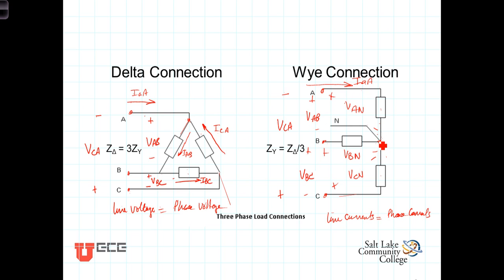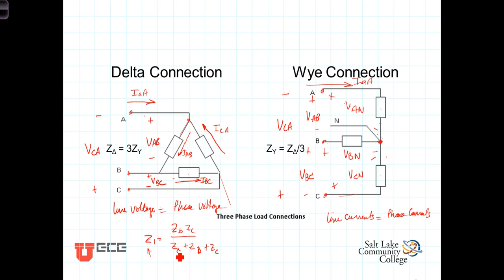You'll recall from a long time ago when we were looking at delta and Y conversions, we saw that the Y-connected impedance, we called it Z1, was equal to Z sub B, Z sub C over Z sub A plus Z sub B plus Z sub C. In other words, the Y-connected load value could be determined from the delta-connected values.